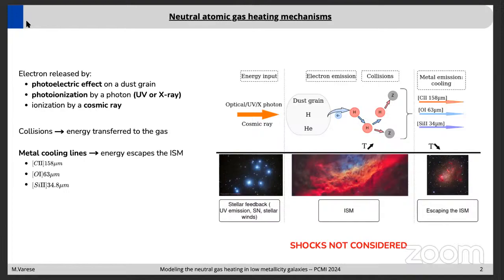Then the gas cools down, and you have a thermal equilibrium. What we observe are these cooling lines, mainly [CII] at 158 microns and [OI] at 63 microns, and what we would like to do is go all the way back from these cooling lines to the local physical mechanisms that heat the gas.